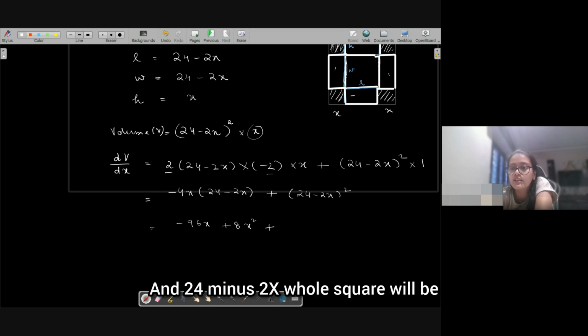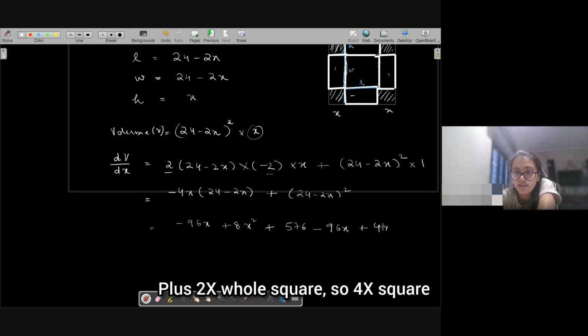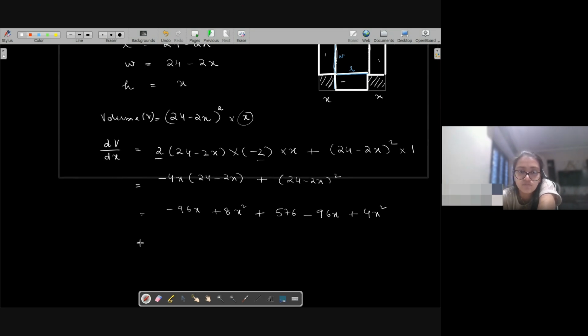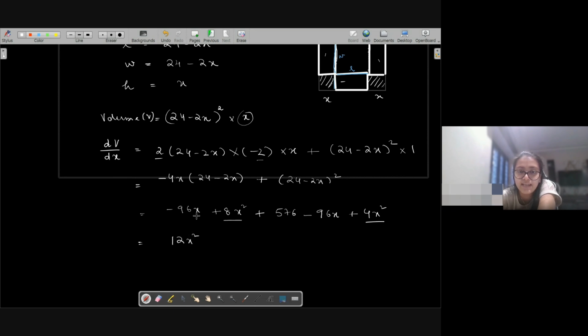And 24 minus 2x whole squared is 576 minus 2ab, which is 96x, plus 4x squared. So 8x squared plus 4x squared becomes 12x squared, minus 96x minus 96x is minus 192x, plus 576, equal to 0.